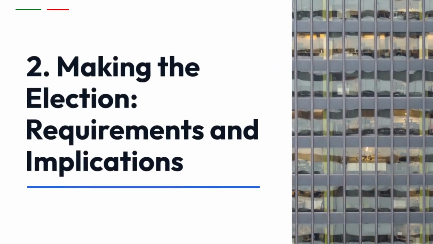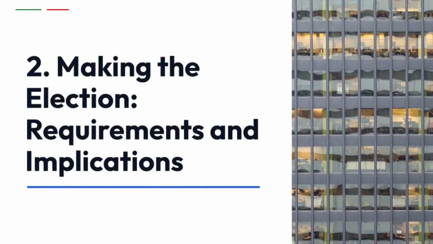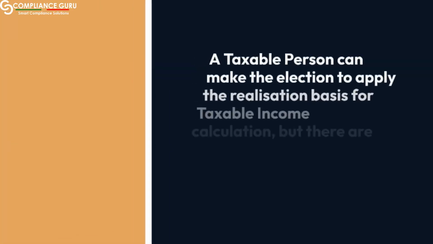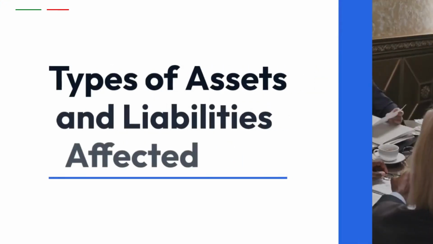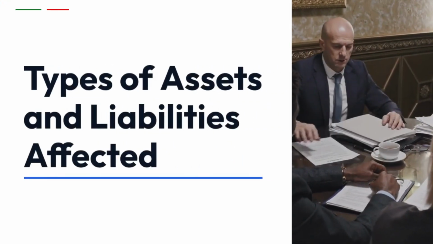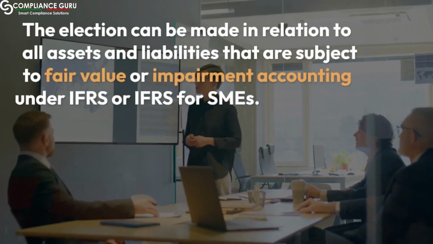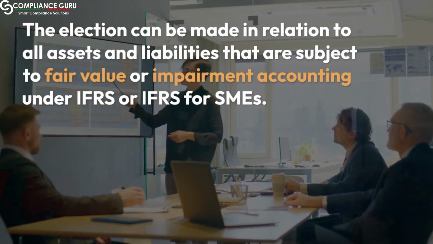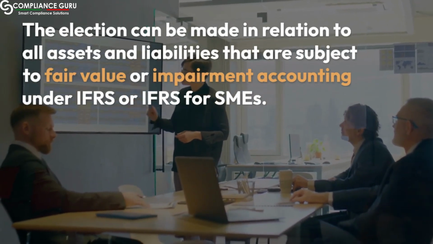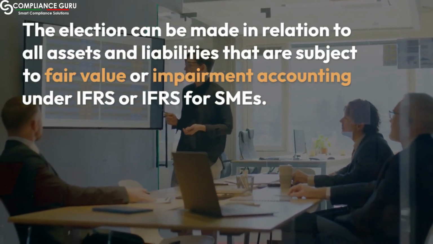2. Making the election. Requirements and implications. A taxable person can make the election to apply the realization basis for taxable income calculation, but there are specific guidelines and implications for making this choice. Types of assets and liabilities affected. The election can be made in relation to all assets and liabilities that are subject to fair value or impairment accounting under IFRS or IFRS for SMEs.